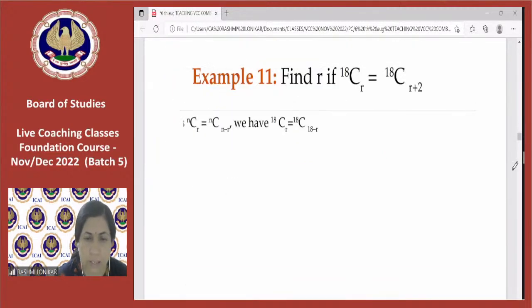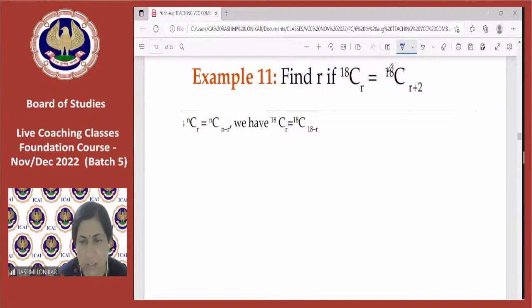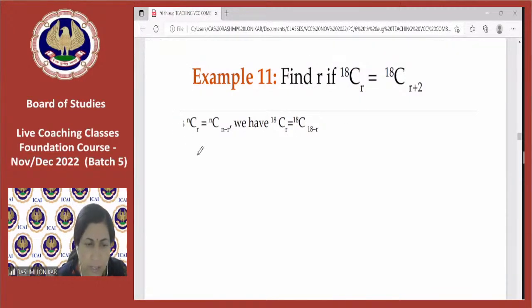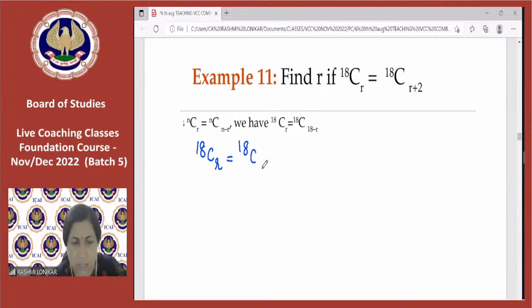Okay, the next sum. Let us find R if 18CR is equal to 18C(R plus 2). Now here what happens is that we are using this very important property NCR is equal to NC(N minus R). So I can write 18CR to be equal to 18C(18 minus R), which is equal to 18C(R plus 2).